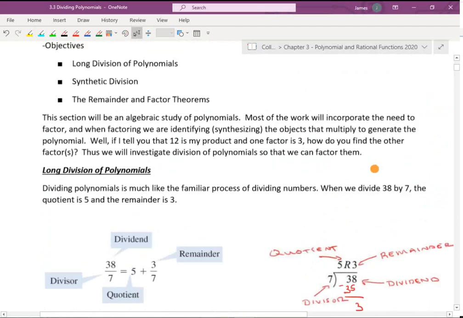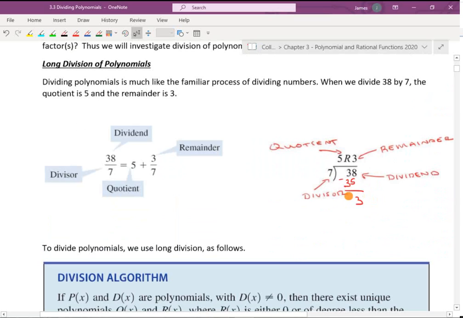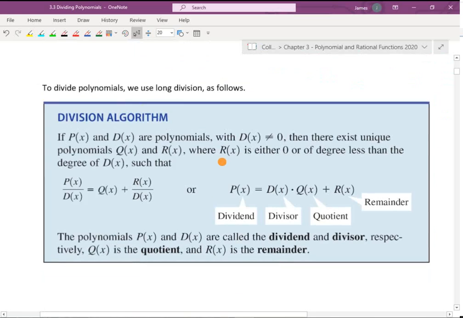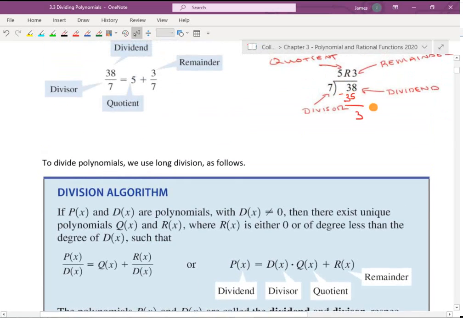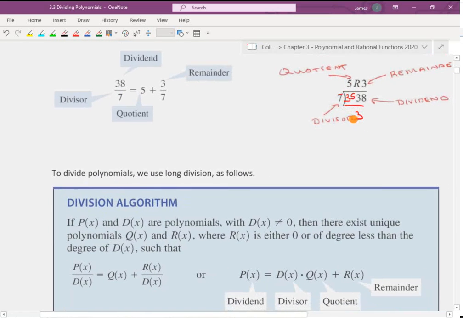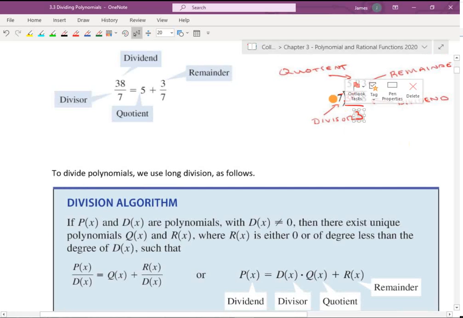It's like up here, we stop our division when that number becomes less than the divisor, right? That's what they're telling us in this algorithm: you stop doing division when you get a remainder that is 1 degree less than your divisor.